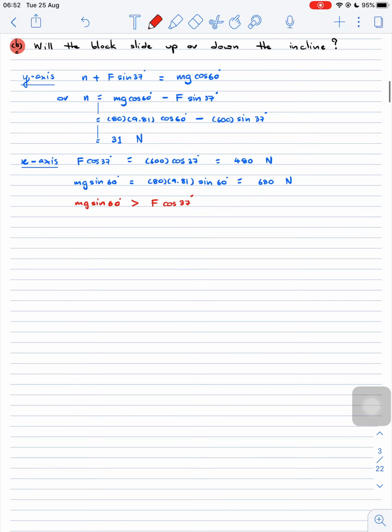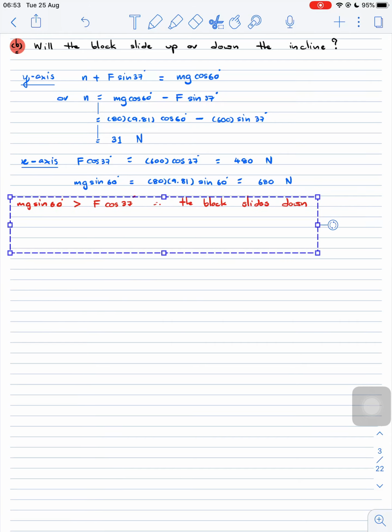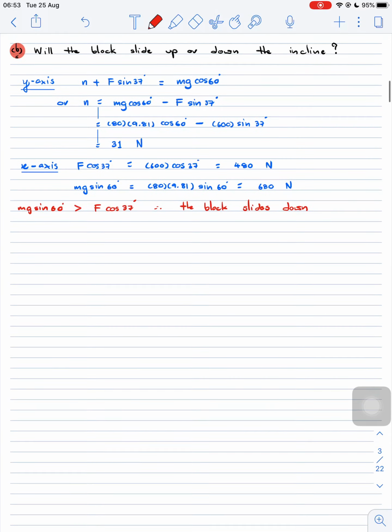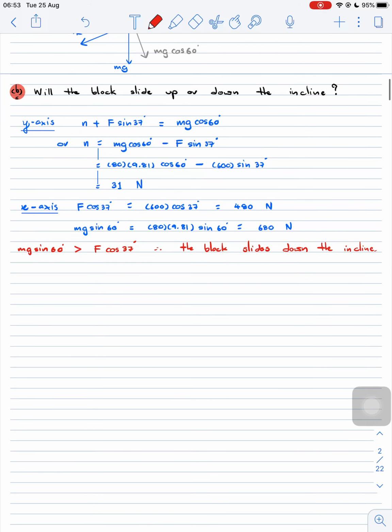Then it means that the block will just slide down the incline, and that's it.